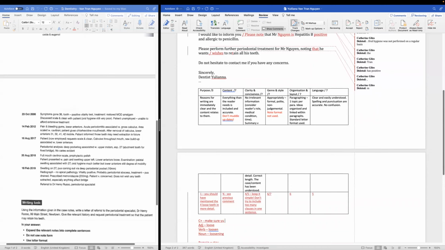Make sure you read the case notes very, very carefully and make your requests in enough detail. That's your golden rule. If you do that, it's a very strong B. Well done.